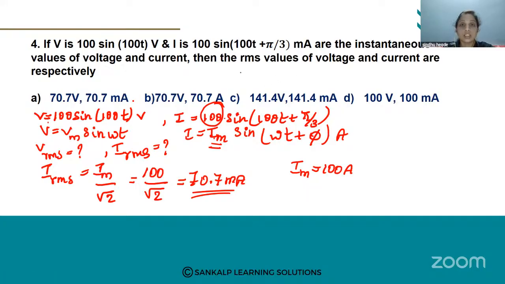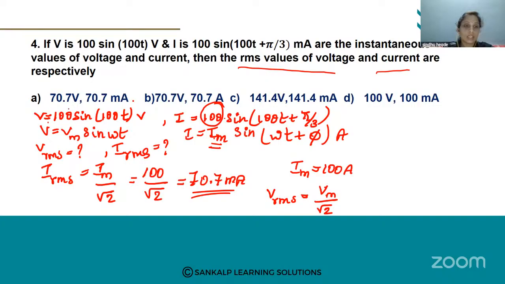So here the RMS value of current is calculated. Next, they ask the RMS value of voltage also. So VRMS is equal to Vm by square root 2. Again, same formula, but here voltage is there. Compare this one.